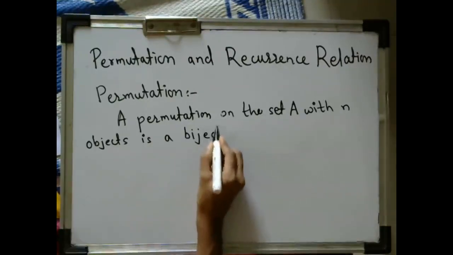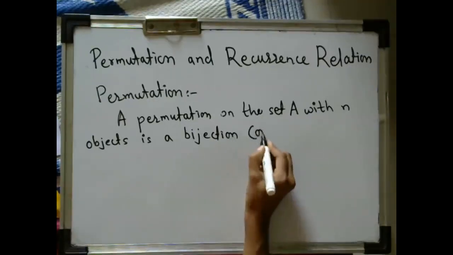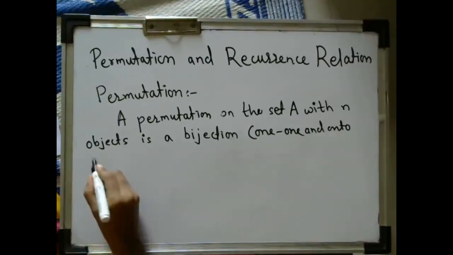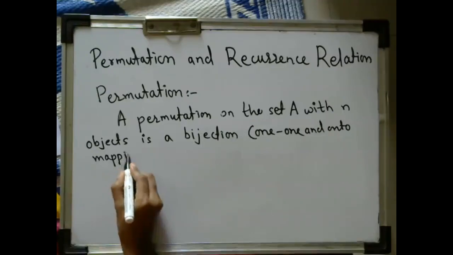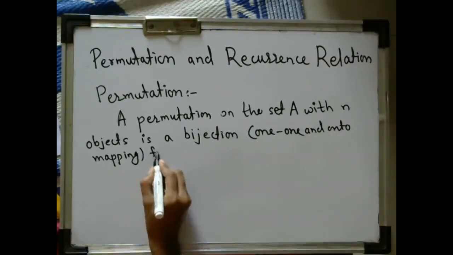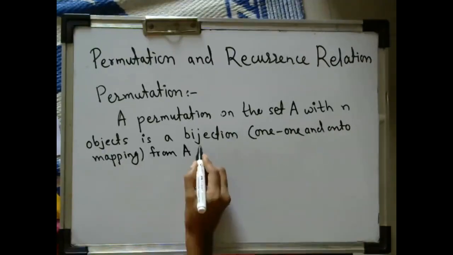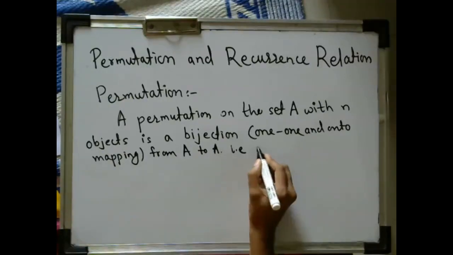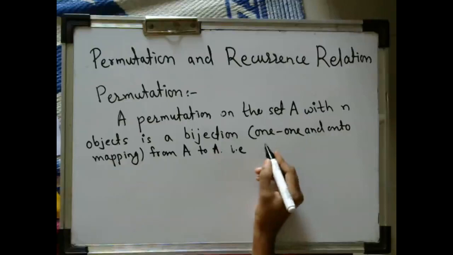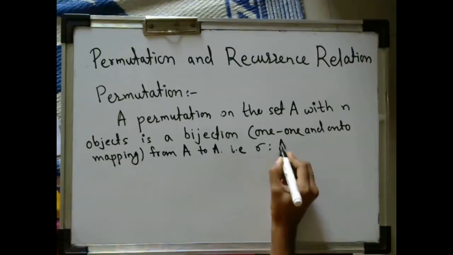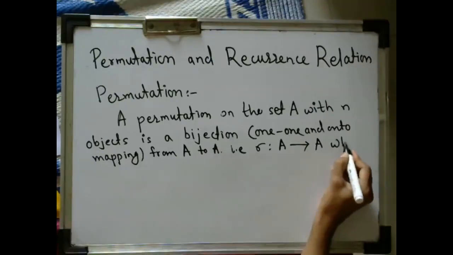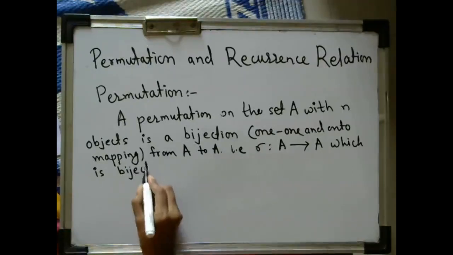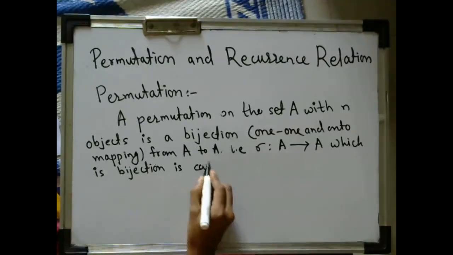Bijection means it is a 1-1 and onto function or mapping from A to A. That is, a permutation sigma from A to A, which is a bijection, is called a permutation.